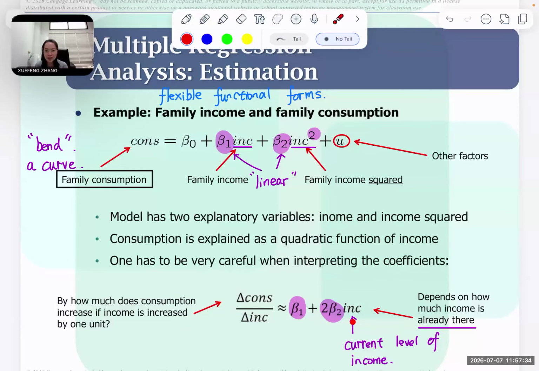So suppose the mean, or a low versus high income level. Let me repeat it again. Never interpret beta 1 or beta 2 alone. Always compute the marginal effect, beta 1 plus 2 beta 2 times income, at a meaningful value of income. Okay.